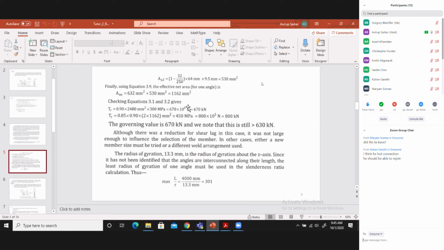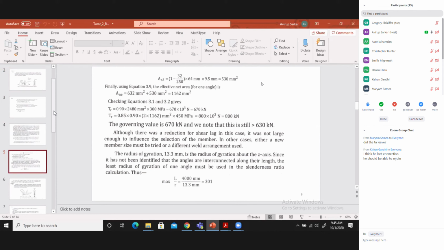Okay, so now the final check is to check for the maximum slenderness ratio, and for that you consider the R minimum, and the R minimum was 13.3. That R for a single leg is equivalent to the R for the cross section that I have explained to you pictorially.